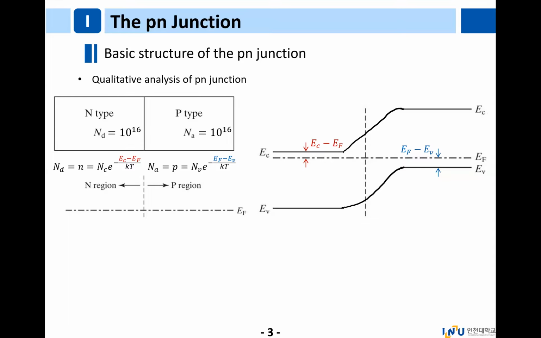It is crucial to note that this energy diagram represents the energy band diagram of the PN junction under thermal equilibrium, right? It is under thermal equilibrium state.